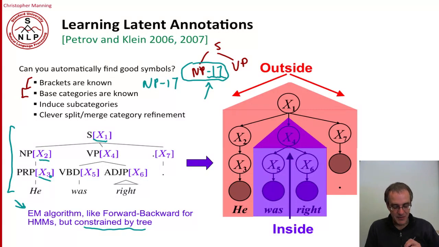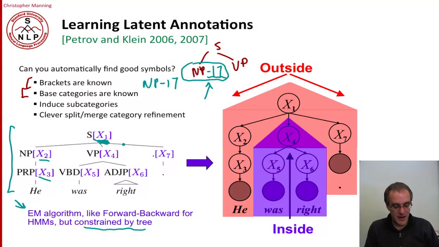And the simplest way of doing this would just be to say, okay, each category has 10 subcategories, and then learn a probability distribution over the choice of different subcategories for the S state. But that had been tried previously and not been found to work very well.